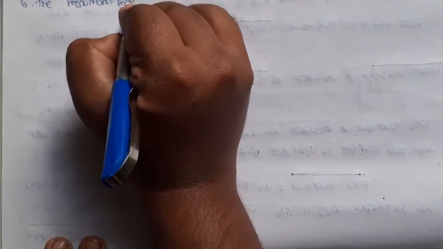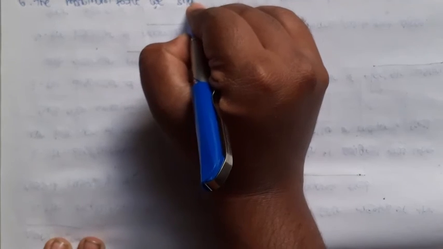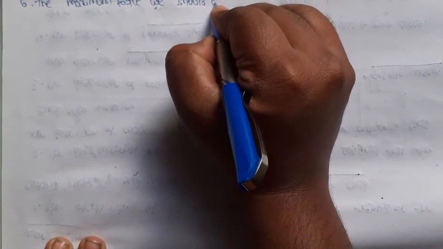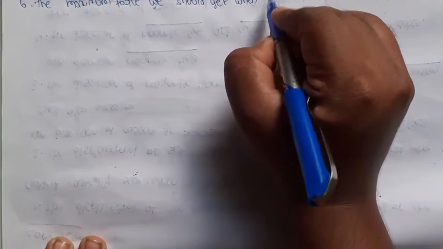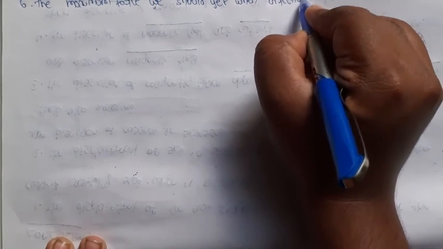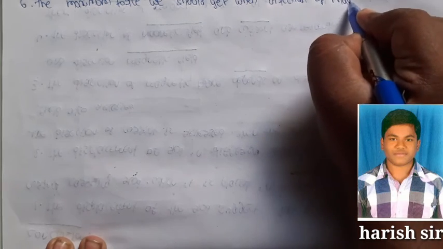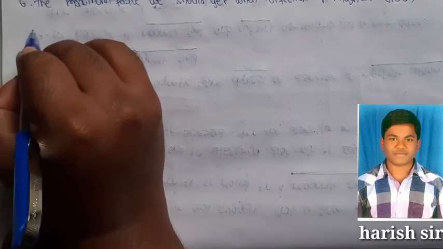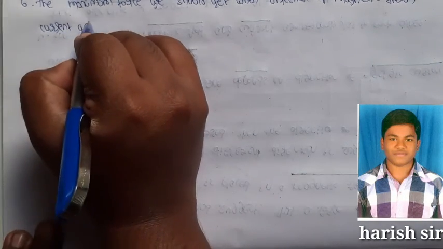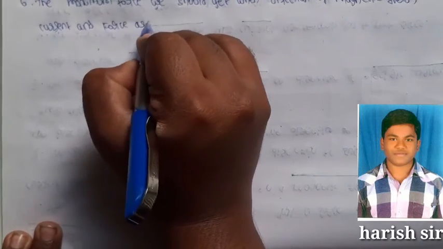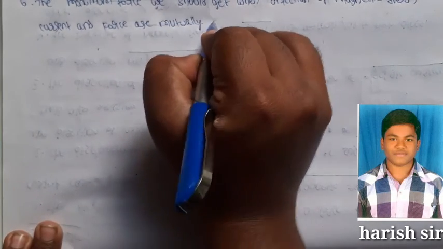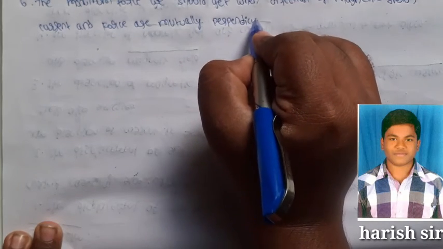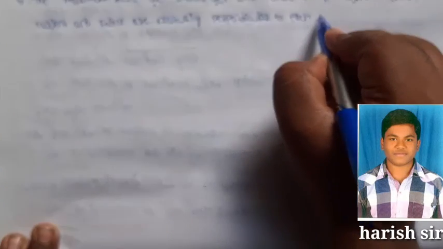Next point, we get the maximum force when the direction of magnetic field, current and force are mutually perpendicular to each other.